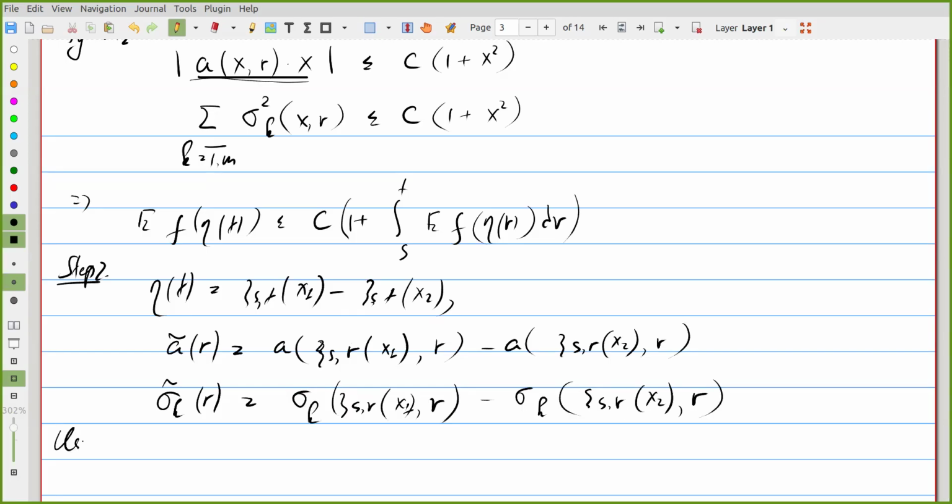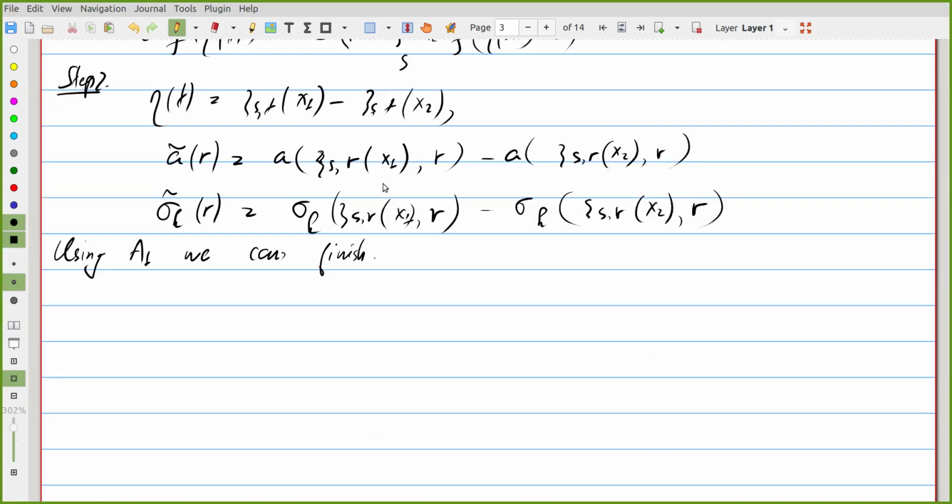Now using A1, Lipschitz continuity, we can finish the proof. If you want to do this as an exercise, it is pretty much the same calculations.